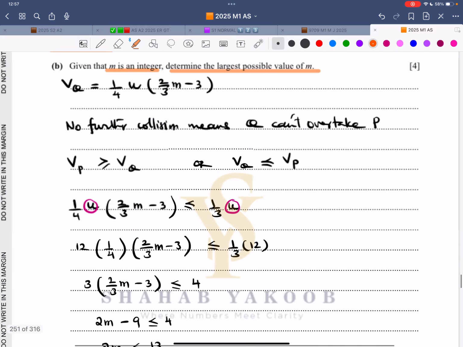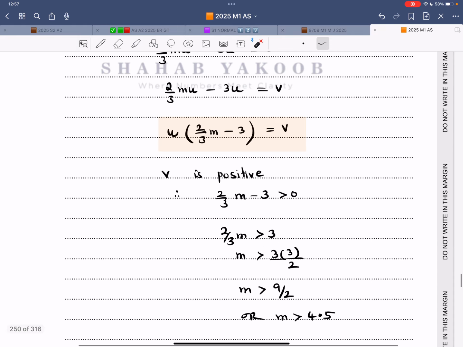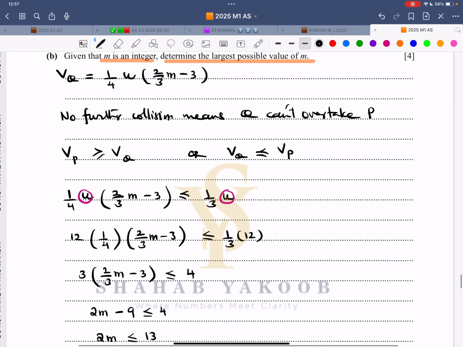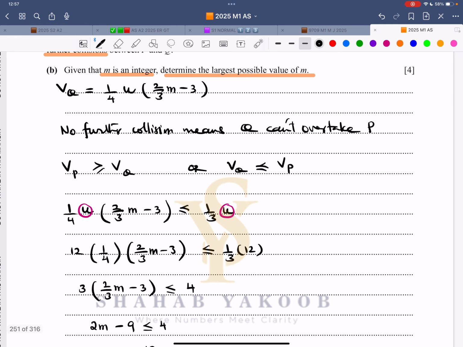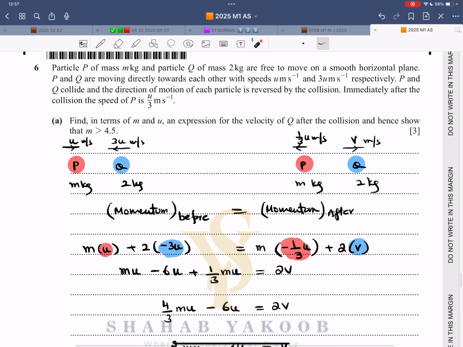And yes, that is the main working. So now the velocity of Q is 1/4 of the previous velocity. This is the velocity of Q, and now it's 1/4 of that. No further collision means that after rebounding, Q cannot overtake P, because P is moving in this direction.